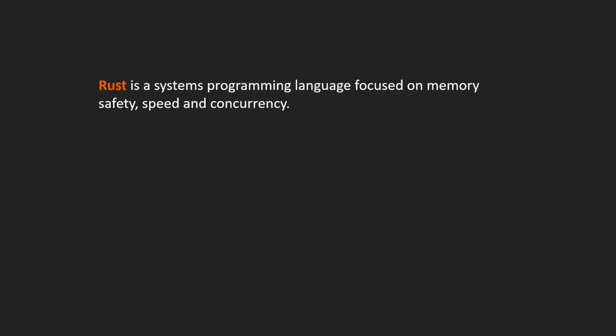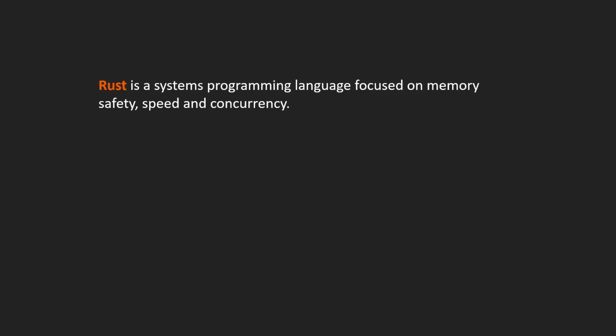Rust is a relatively new programming language, especially when you compare it to long established ones like C, C++, Java, or Python. But despite being newer, Rust is growing incredibly fast and is quickly becoming a top choice for many developers. One of the biggest reasons for this is how Rust handles memory.